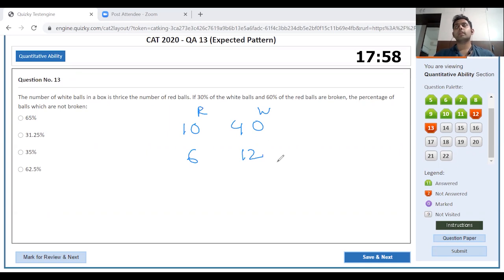So 18, 50 is the total minus 10 minus 8, so 32 by 50. Percentage of balls which are not broken.